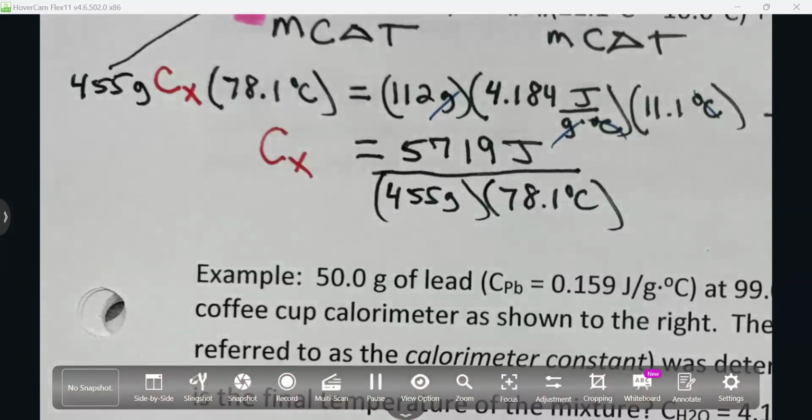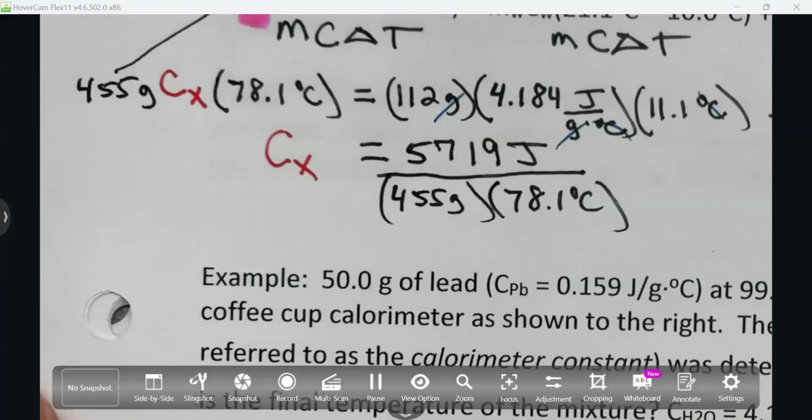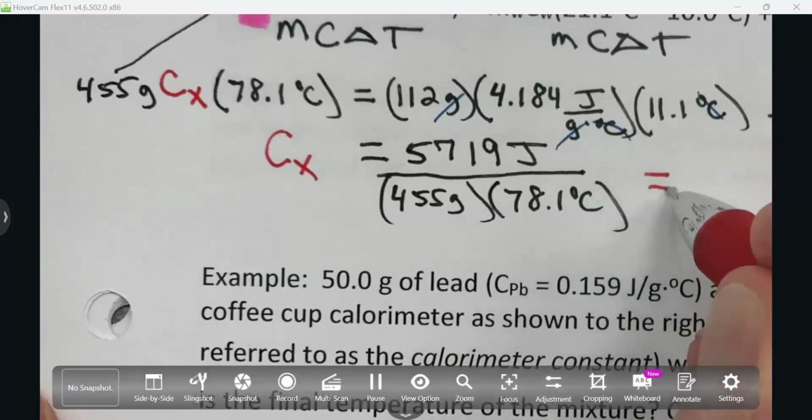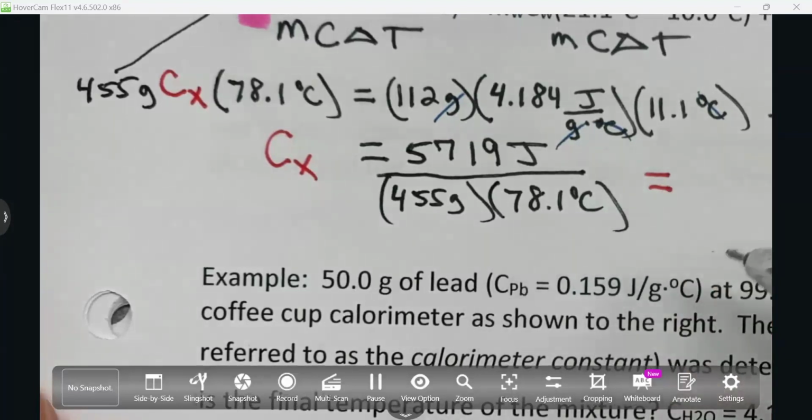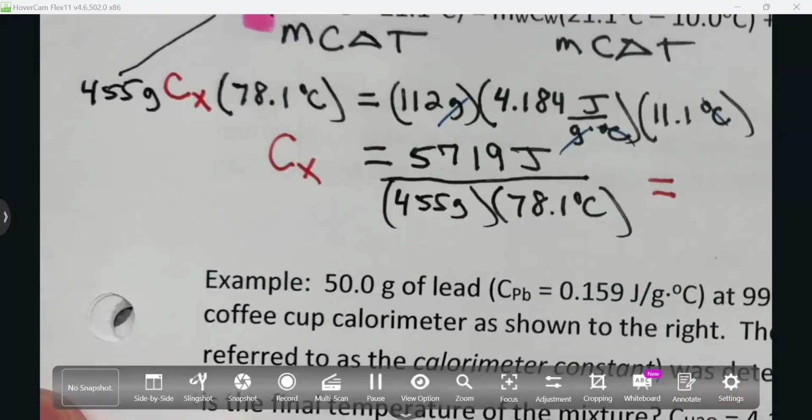If we're looking for specific heat, we should end up with joules over grams degrees Celsius. And we end up with a specific heat of 0.161.